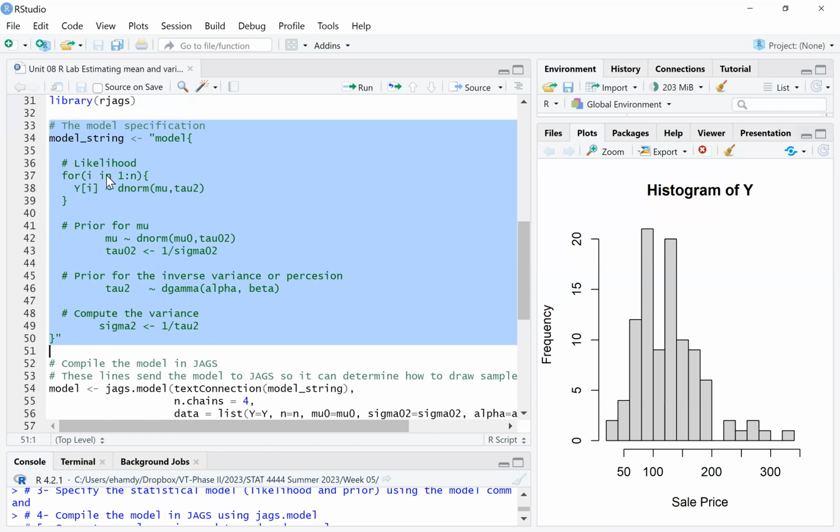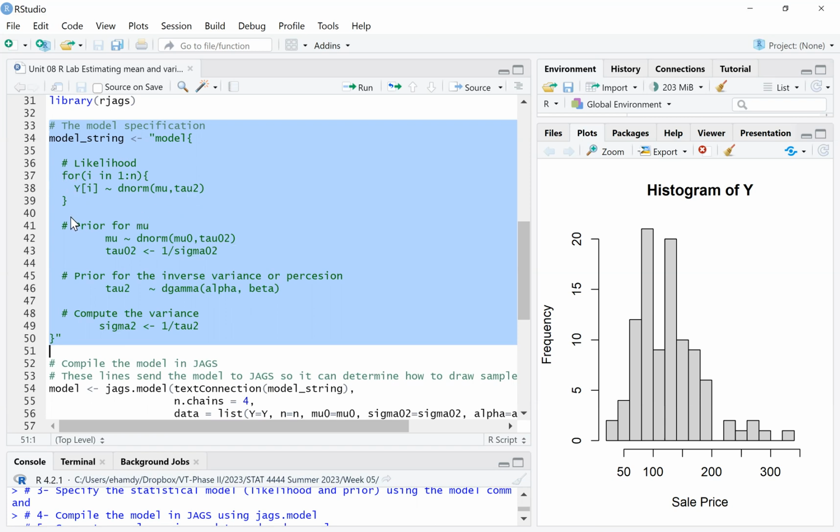So for i equal 1 up to n, each y_i is randomly selected from a normal distribution with mean mu and tau square. We are not going to work with sigma square; we will work with 1 divided by sigma square. But I will ask R also to find the random sample for sigma square, not tau square. I will show you.